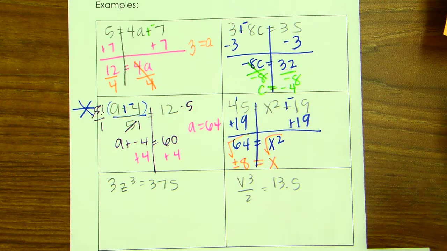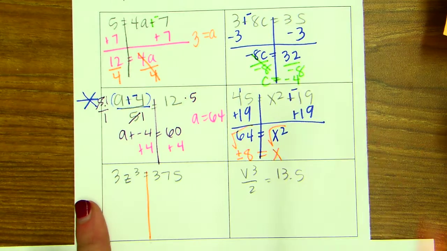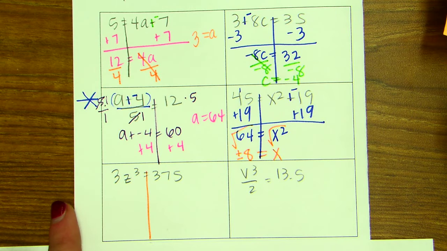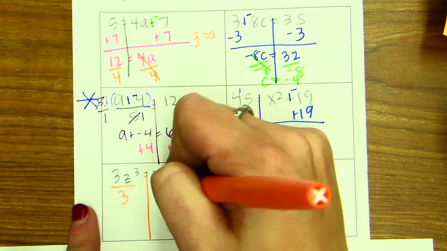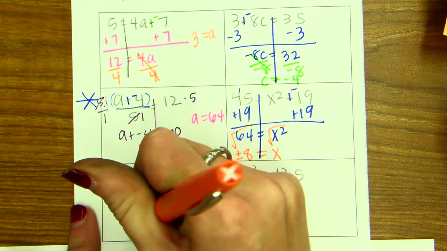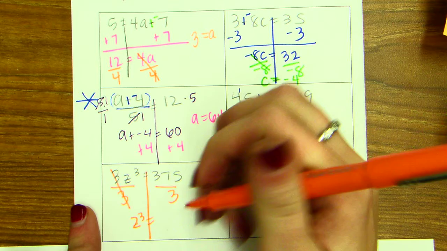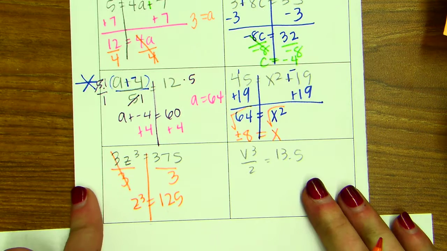Okay, we have 2 more. So for this one right here, I'm going to start the same way, draw my line. I can't change the sign of the one behind because there's no subtraction. Alright, step 1, undo addition and subtraction. There is no addition and subtraction, so I'll skip it and go on to step 2. Undo multiplication and division. I do have multiplication and division right here. I'm multiplying by 3, so I'm going to divide by 3 on both sides. 3 divided by 3 is 1, so I have z cubed equals 125, because 375 divided by 3 is 125.